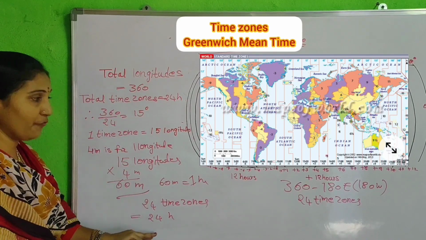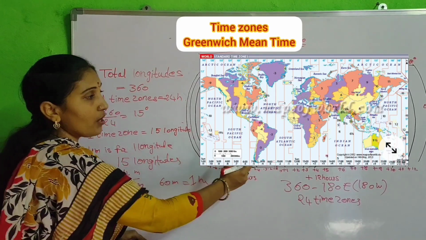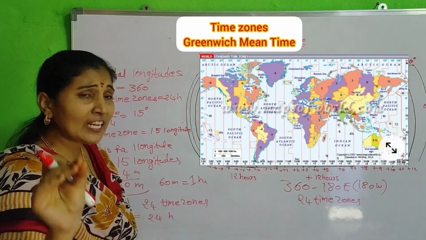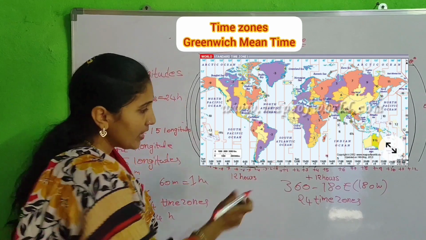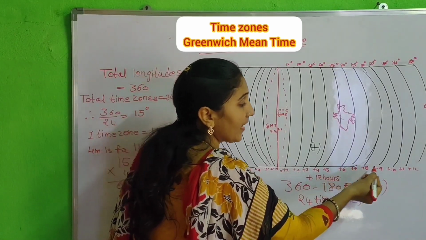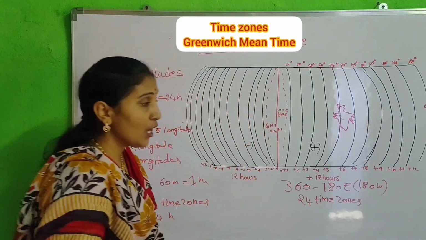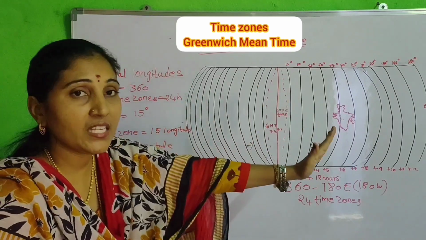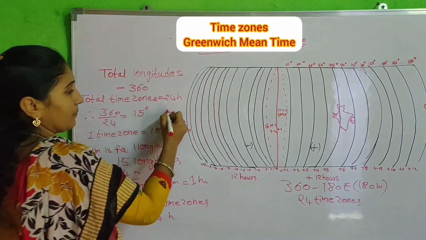Yes, these 24 hours, when we represent them on the globe, we should also get 24 hours. Have a very clear glance over the board. See here, plus 1, 2, 3, 4, 5, 6, 7, 8, 9, 10, 11, 12, means 12 hours to the east and 12 hours to the west.